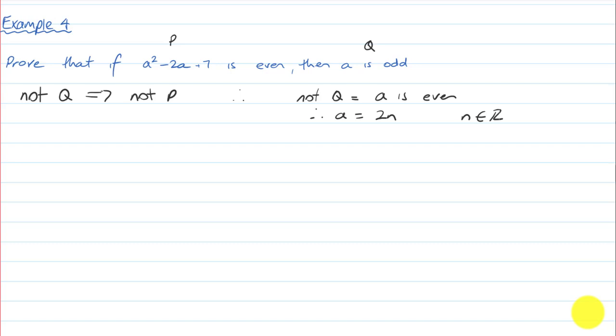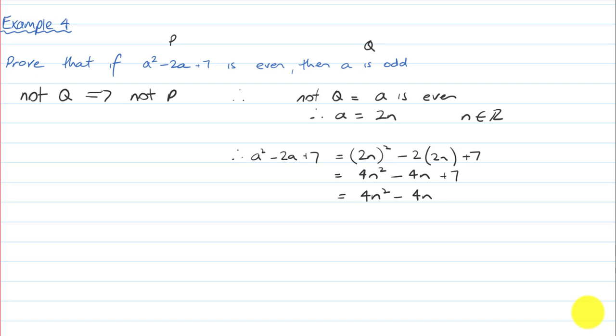Now, if a is equal to 2n, then a squared minus 2a plus 7 is equal to (2n) squared minus 2 times 2n plus 7, which is equal to 4n squared minus 4n plus 7, which is equal to 4n squared minus 4n plus 6 plus 1, and that's equal to 2 times (2n squared minus 2n plus 3) plus 1.